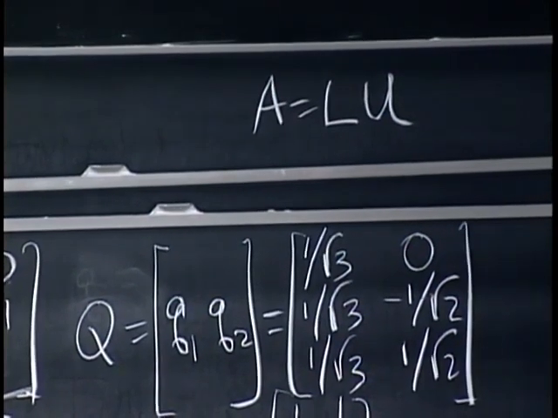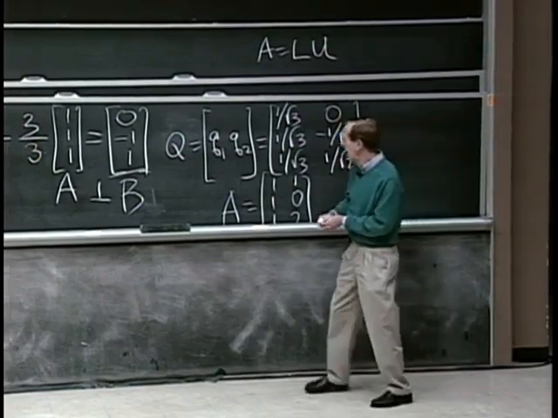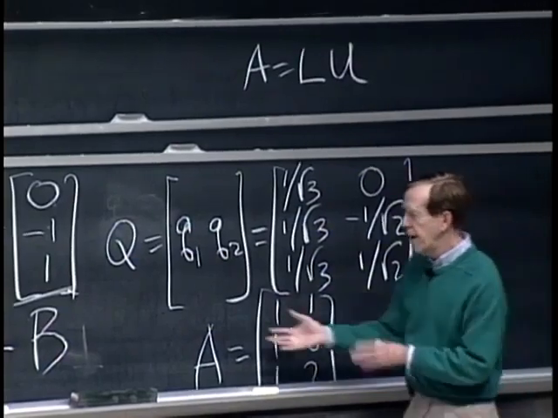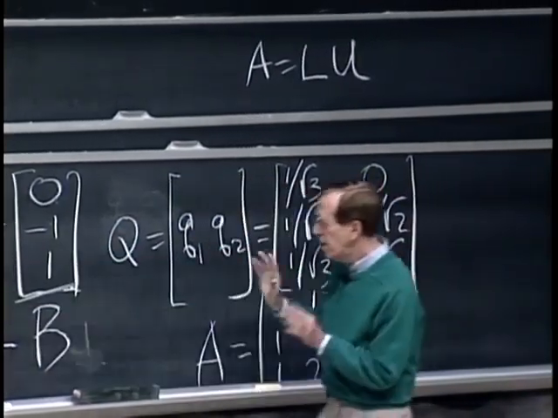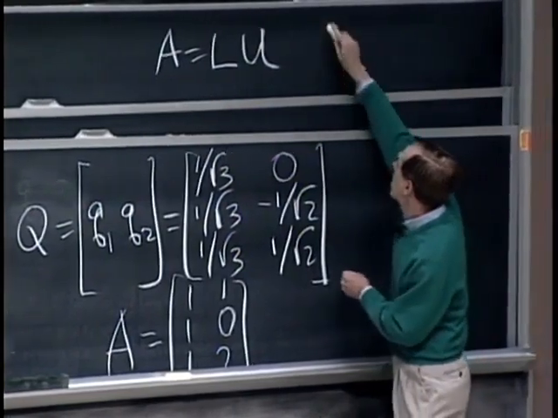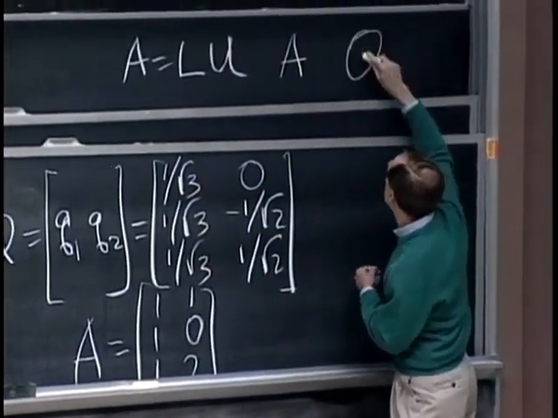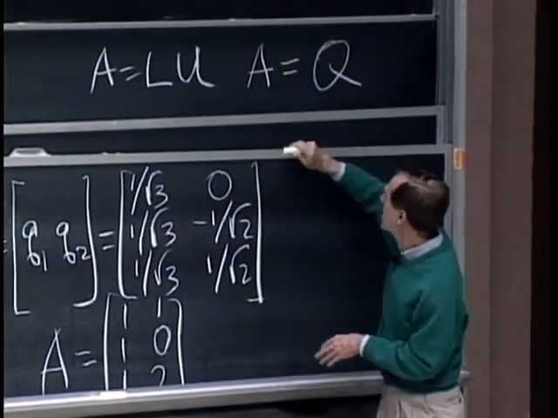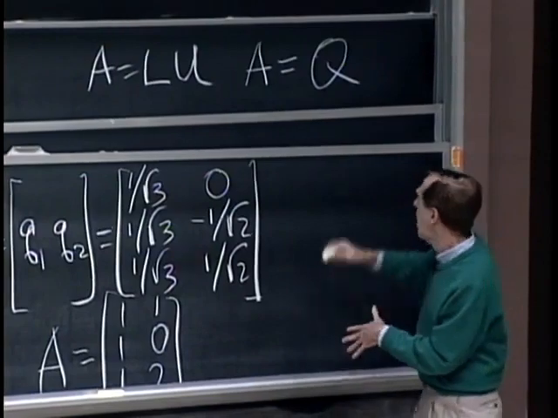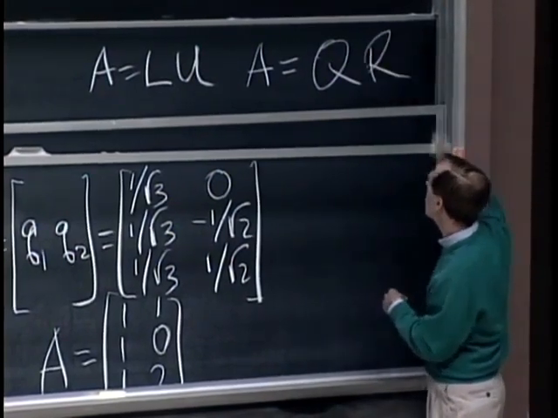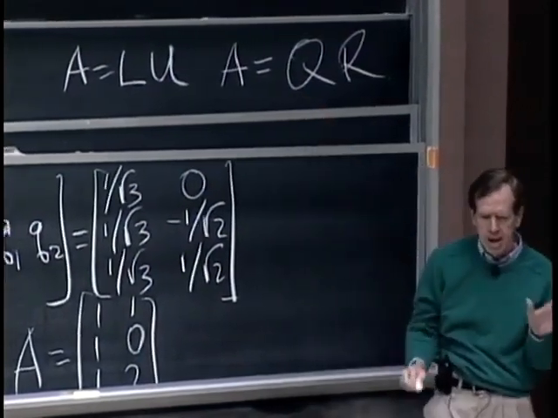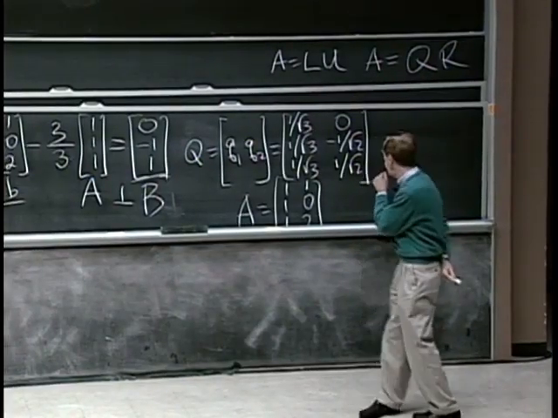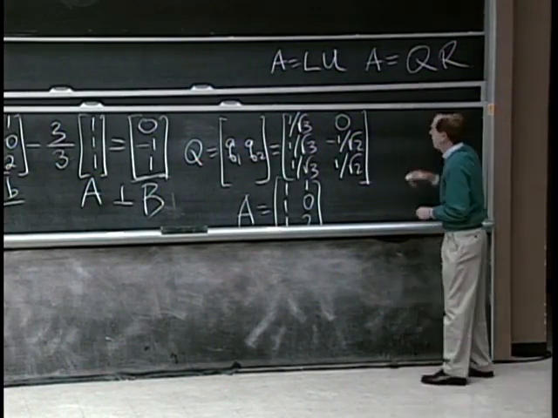Everybody who works in linear algebra isn't going to write out that the columns are orthogonal or orthonormal, and isn't going to write out these formulas. They're going to write out the connection between the matrix A and the matrix Q. The two matrices have the same column space, but there's some matrix taking one to the other, and I'm going to call it R. So A equals QR is the magic formula here. It's the expression of Gram-Schmidt.